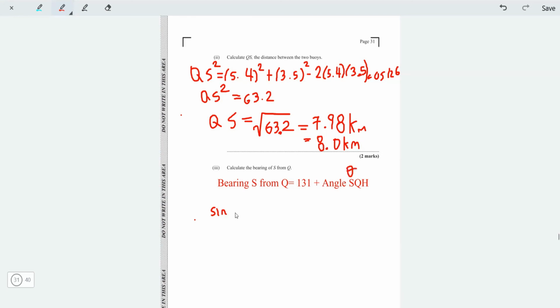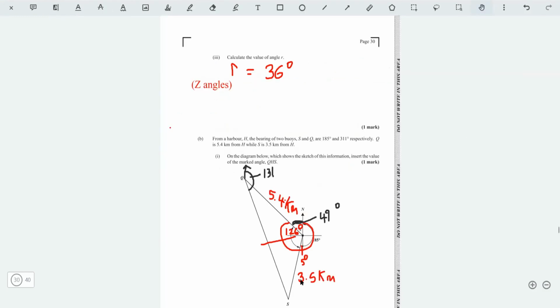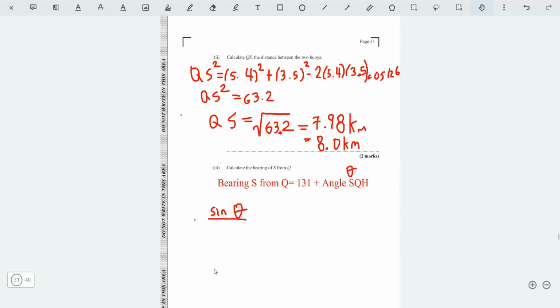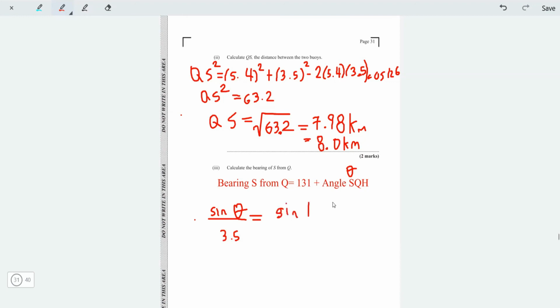So the sine of theta over the side opposite to that angle. Which side is opposite to that angle? The side opposite is 3.5. So it's the sine of theta over 3.5, equal to the sine of 126 over the side opposite to 126, which was 8.